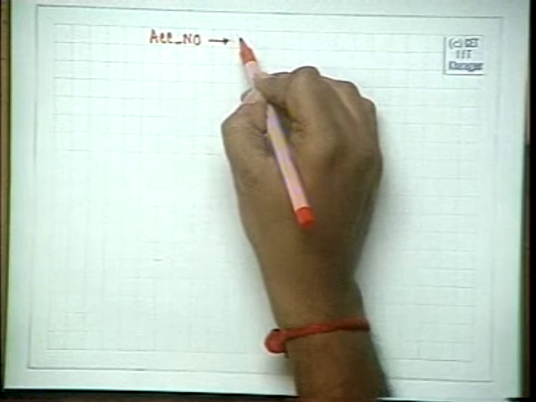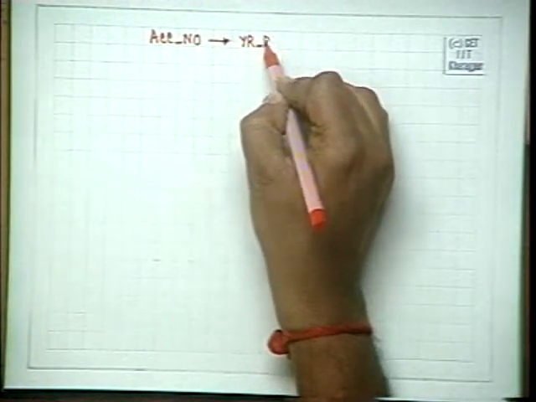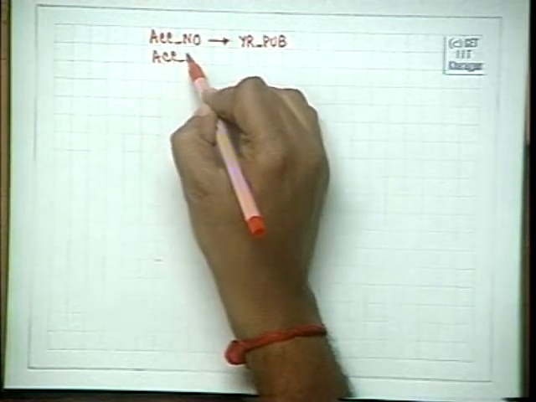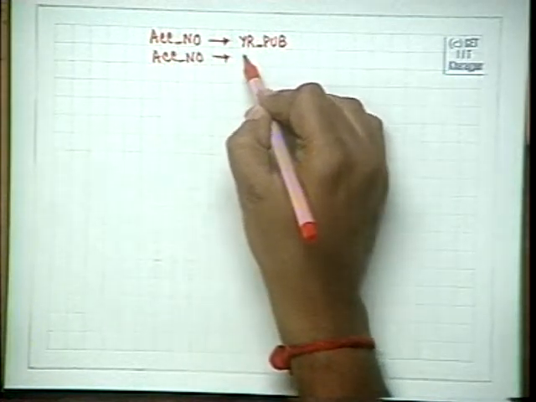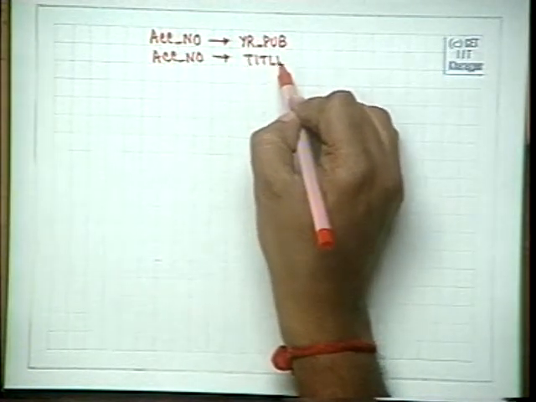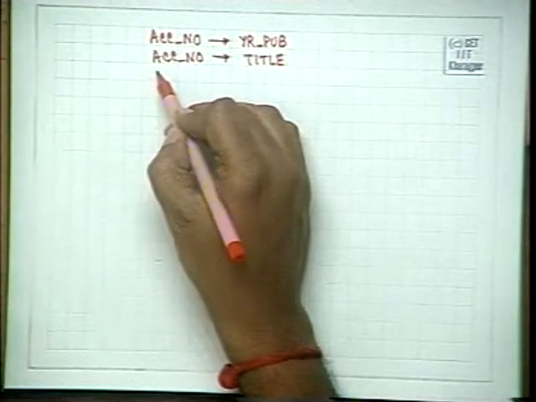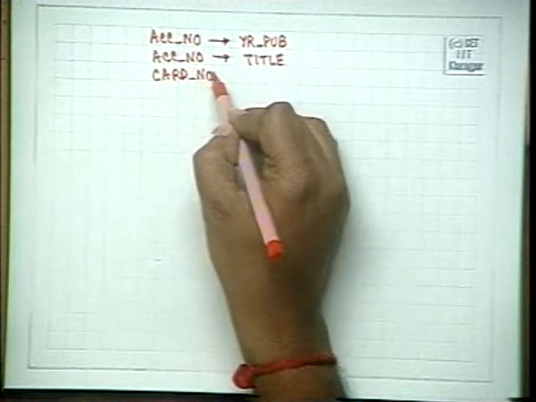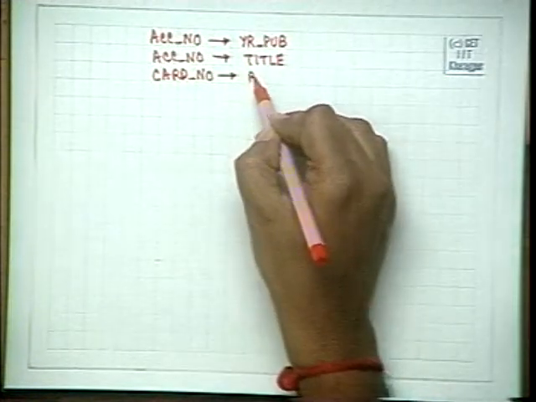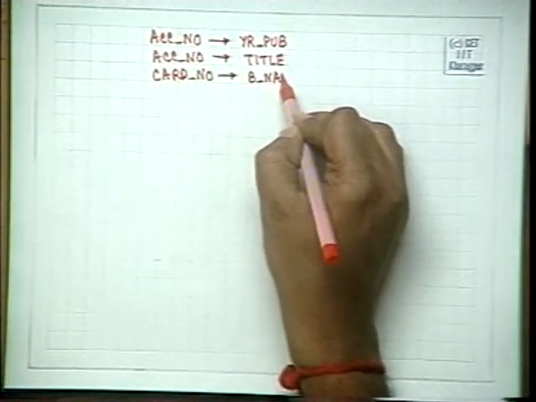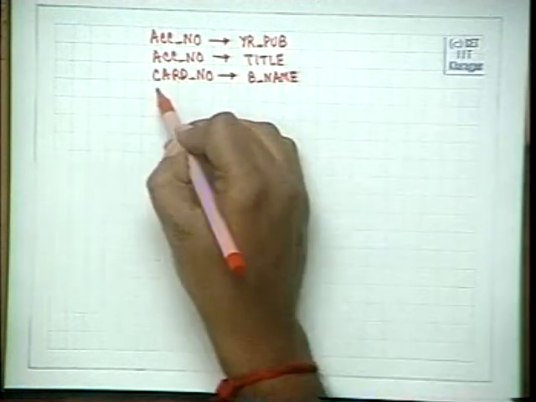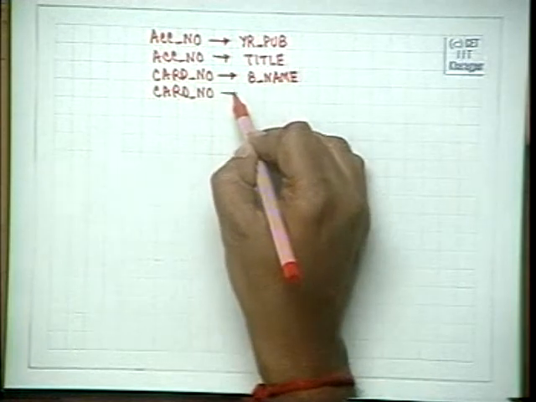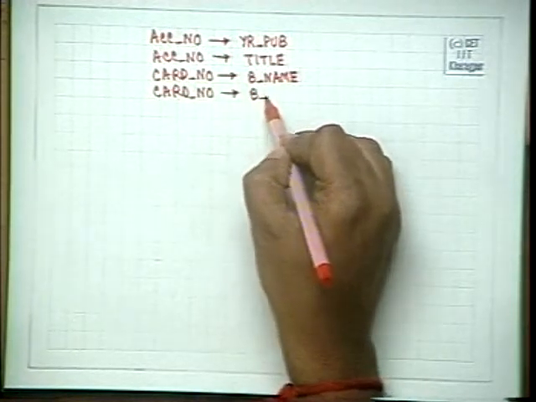Accession number to year of publication. Accession number to title. From the user relationship, we get card number to borrower's name, and card number to borrower's address.